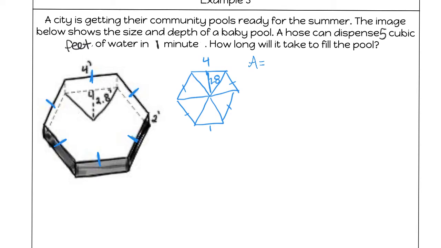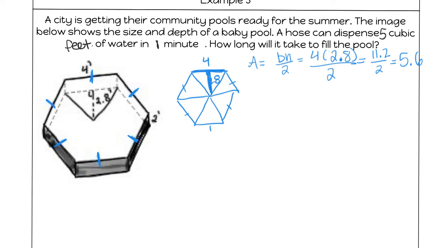So the area of a triangle is the base times the height divided by 2. My base is right here, 4 feet, times the triangle has a height of 2.8 feet divided by 2. Four times 2.8 is 11.2. Divided by 2 is 5.6.